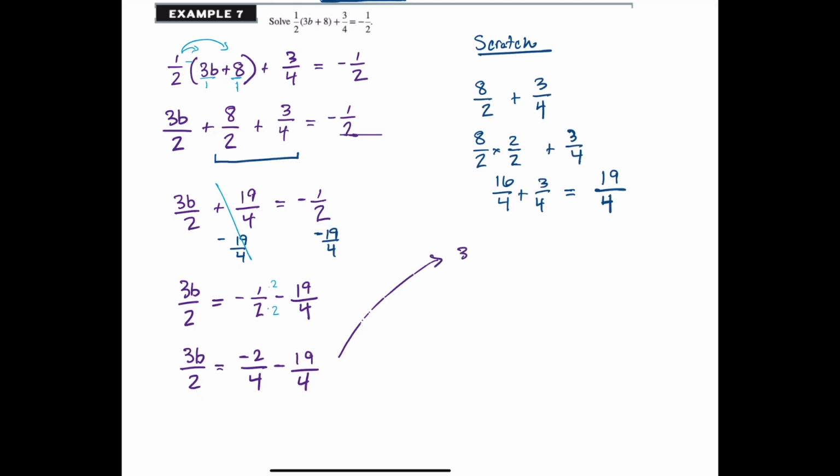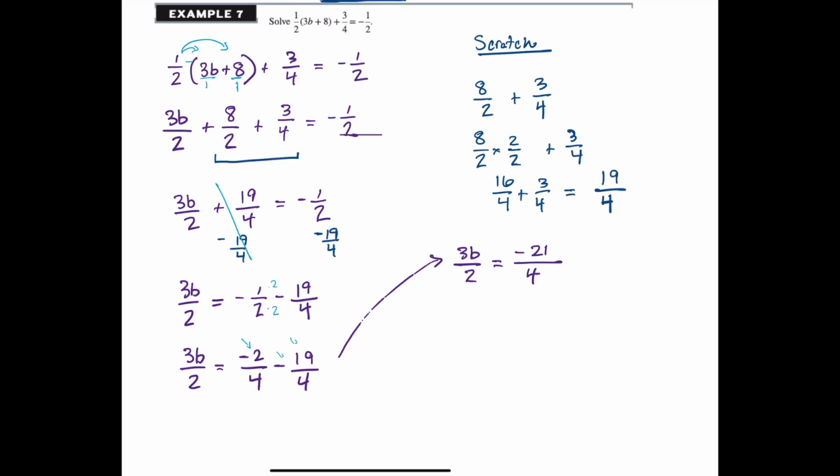So I have 3b over 2. Here, we're subtracting two fractions, so we have the common denominator. Now we can do negative 2 minus 19. That will give us a negative 21. And the denominator stays the same, over 4. So we have 3b over 2 equals negative 21 over 4.